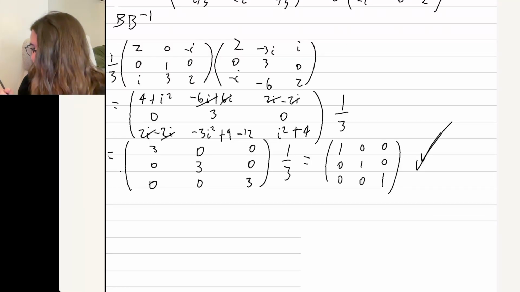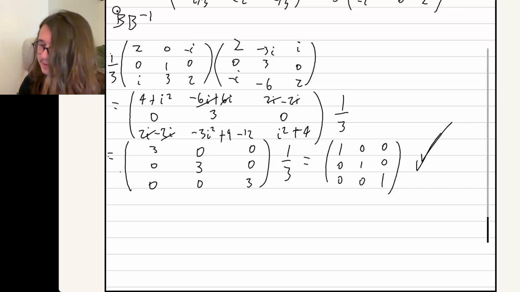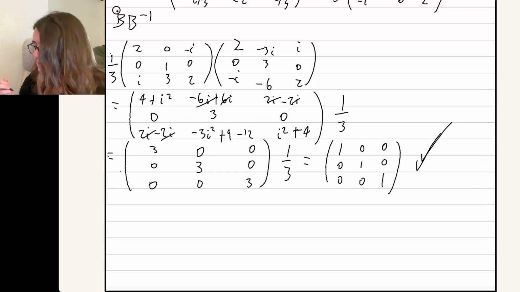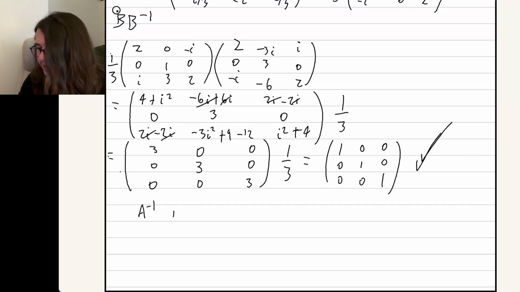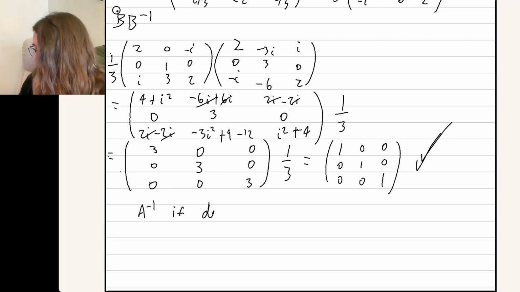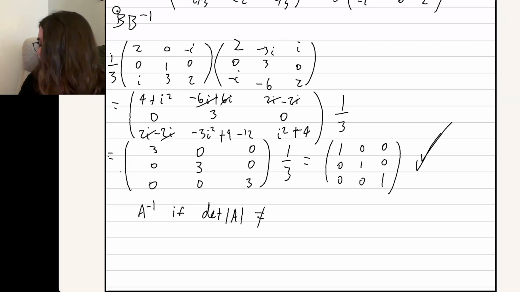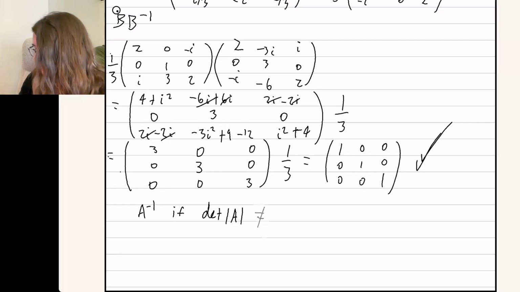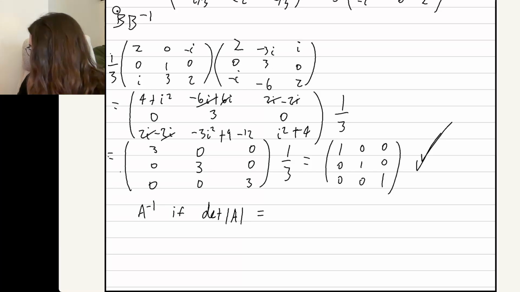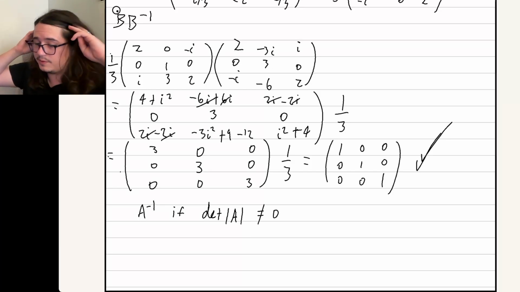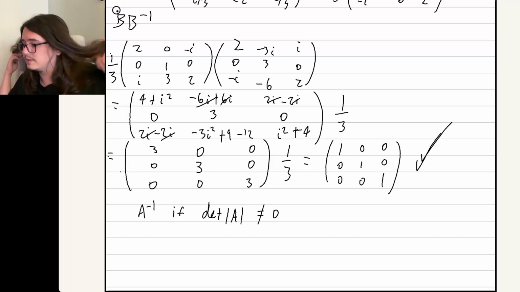The last thing that Griffiths asks is, does the inverse of A exist? So inverses for matrices only exist if the determinant of the matrix that you're trying to invert is not equal to 0, right? If the determinant is 0, then the inverse does not exist.